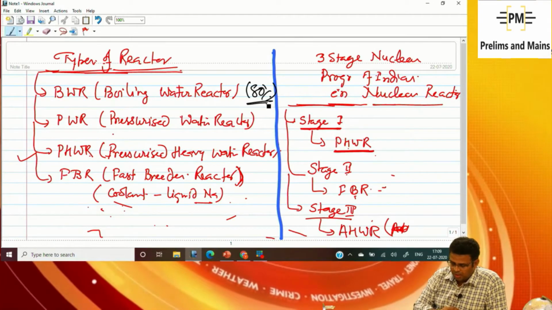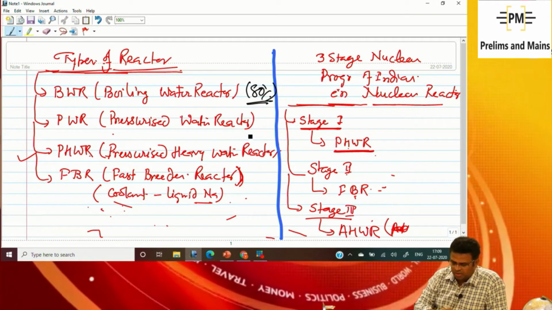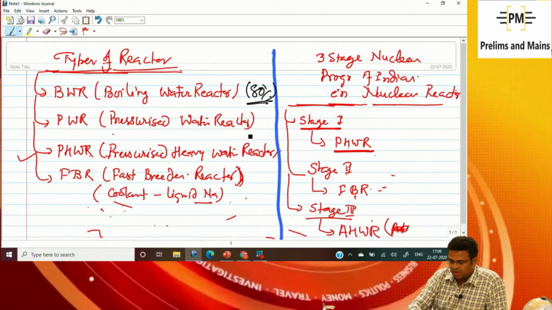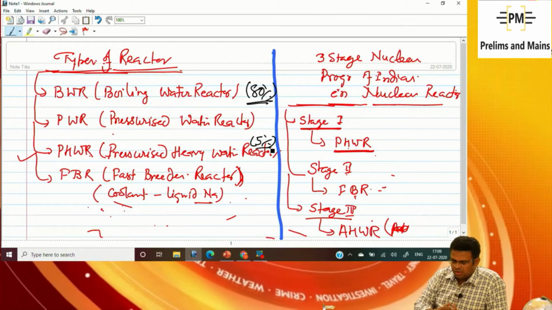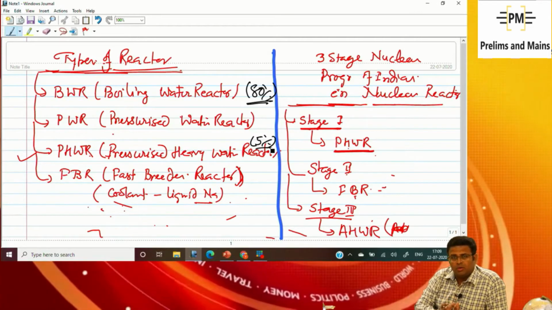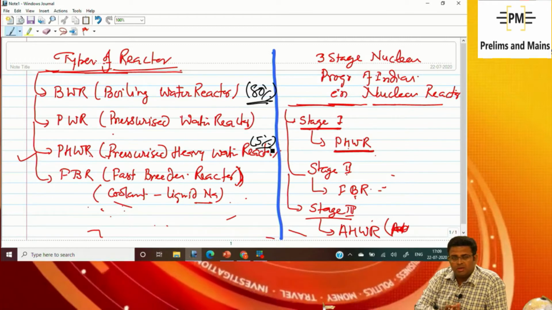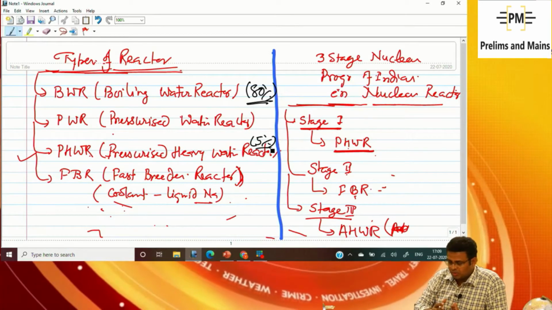Then there are pressurized water reactors, and thereafter pressurized heavy water reactors, which are about 5% of the world. Most of the nuclear reactors in the world are boiling water reactors, but slowly they are shifting to other types also.